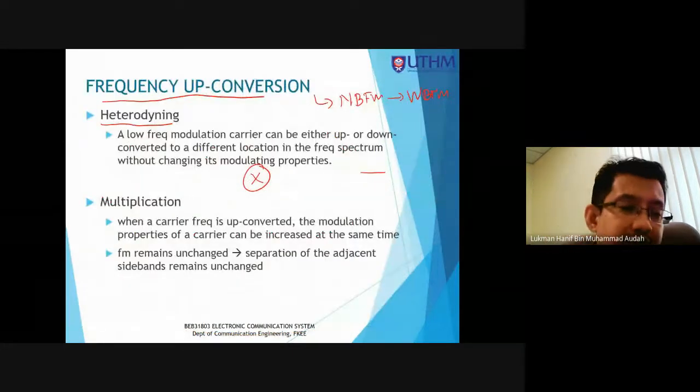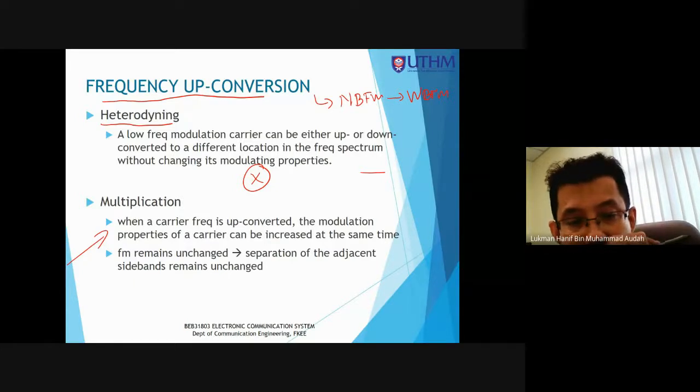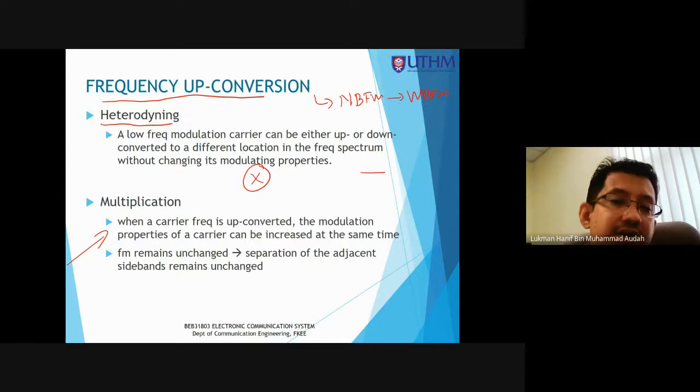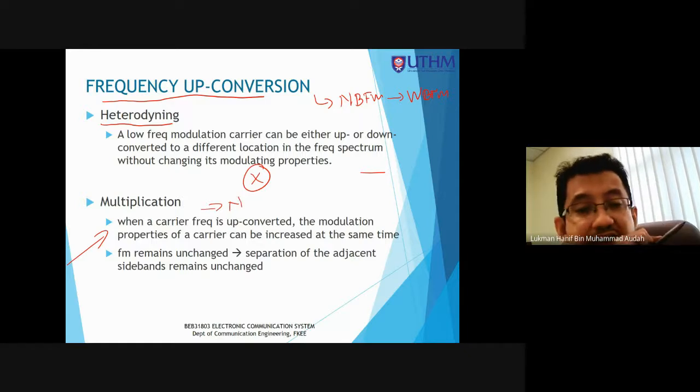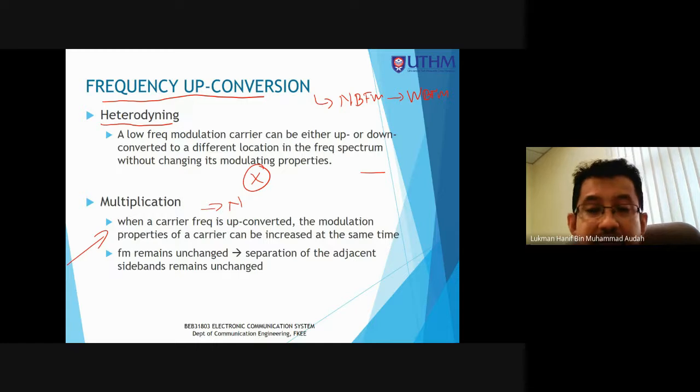Okay, and then multiplication, this is a frequency multiplier. That means we use a frequency multiplier that has the increment factor of n. Okay, dia ada increment factor, faktor gandaan sebanyak n. Bermakna semua input yang masuk frekuensinya akan didarabkan dengan n. Berbeza dengan heterodyning yang mana kita akan hasilkan lower and upper frequency.